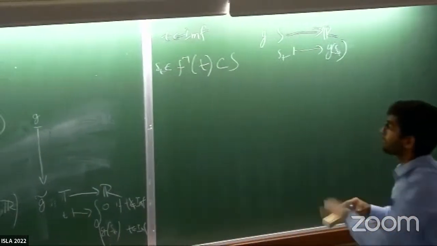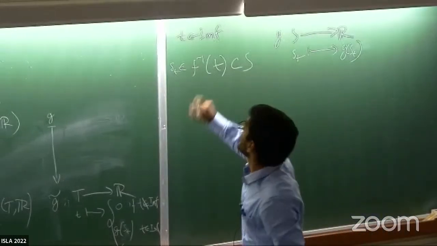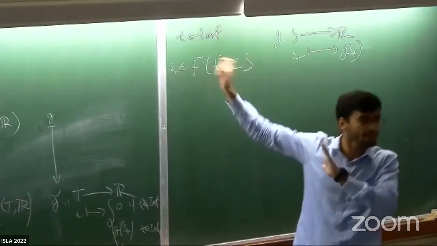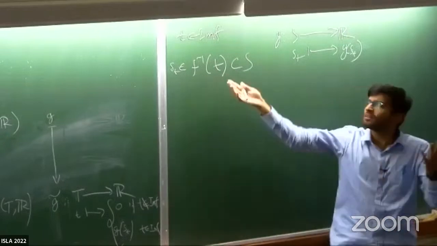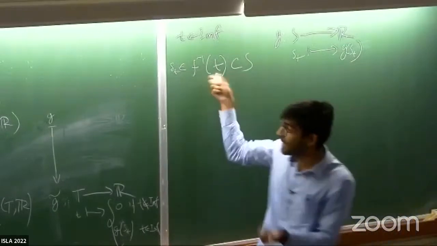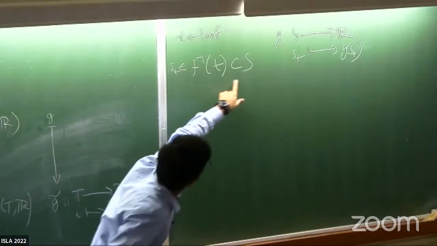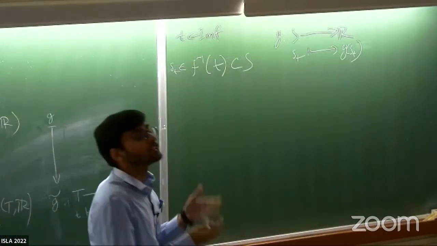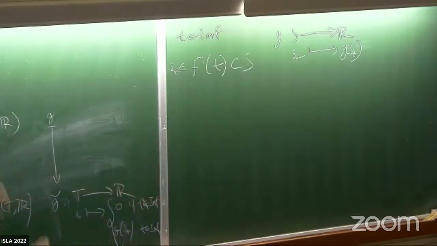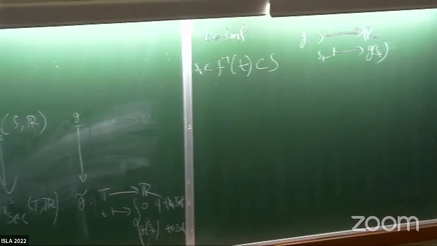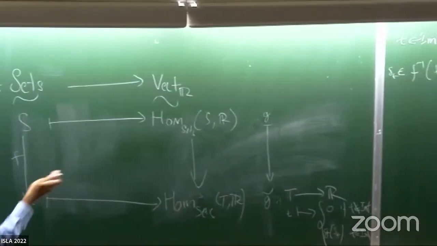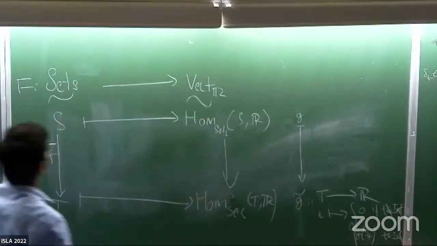So that's the clarification. Another remark: if I somehow remove any choice that I can make here, say when F is injective, then F inverse T will be a single element in S, so there is only one choice for S_T. So this functor will not be contravariant, it will be covariant, because it takes an arrow in the same direction.